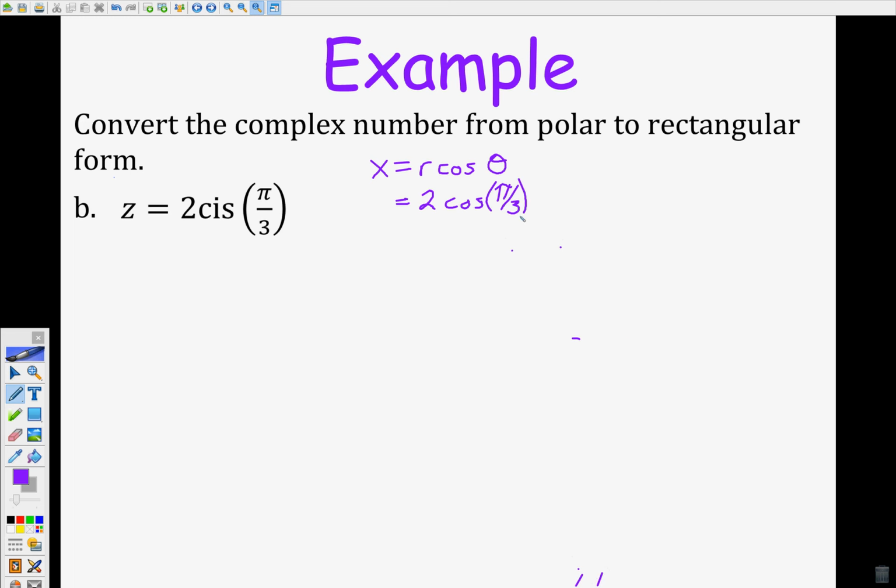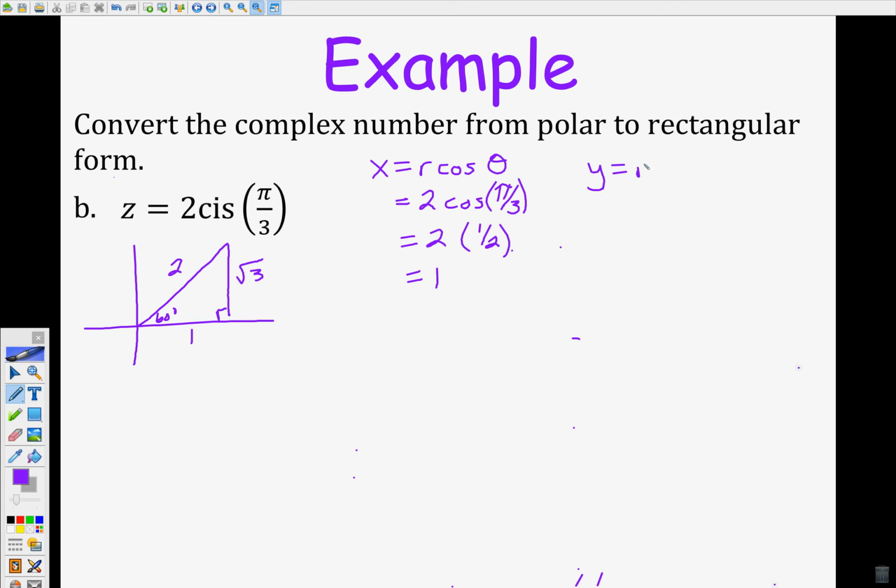Well, because I know pi over 3 is a special triangle, I'm going to find its exact measurements without using my calculator. So pi over 3, that would be my 60. So that means I have 1, 2, square root 3, which means that cosine would be adjacent over hypotenuse, or 1/2. So I have 2 times 1/2, which is 1.